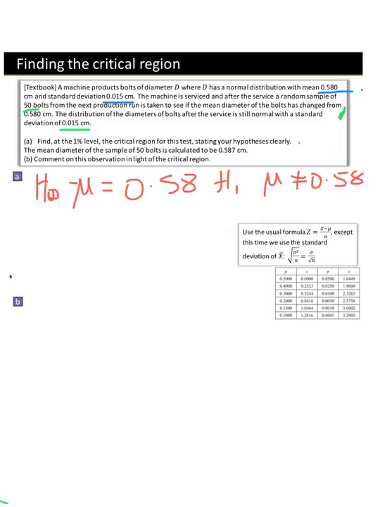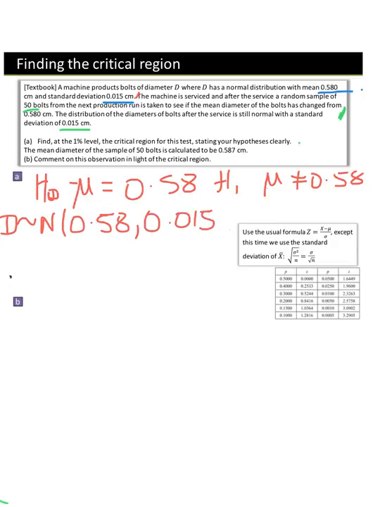So if we assume the null hypothesis, so if the mean is equal to 0.58, that means the diameter of the bolts will be modelled on a normal distribution with a mean of 0.58 and a standard deviation here of 0.015.